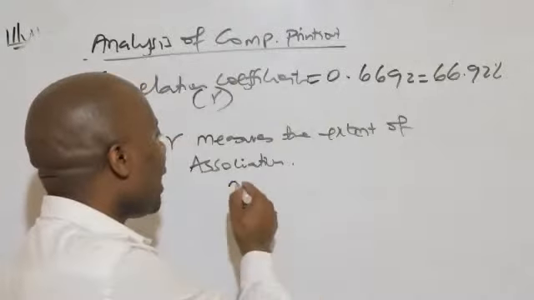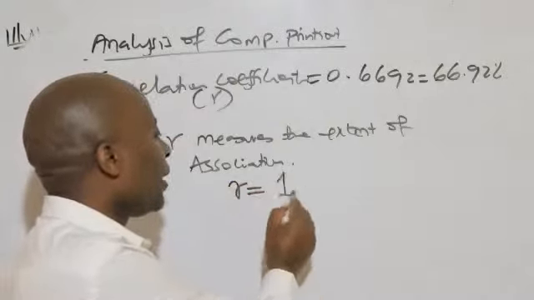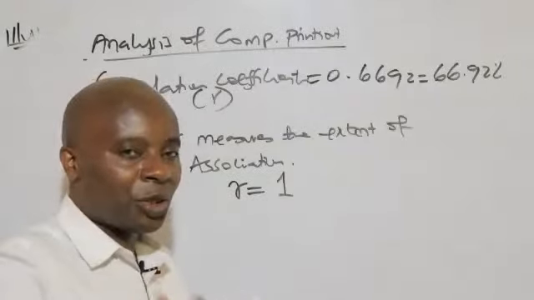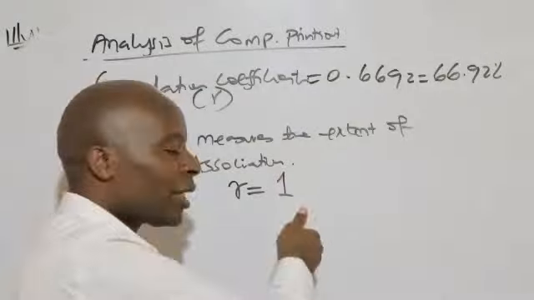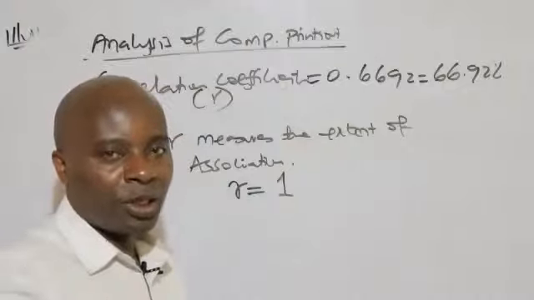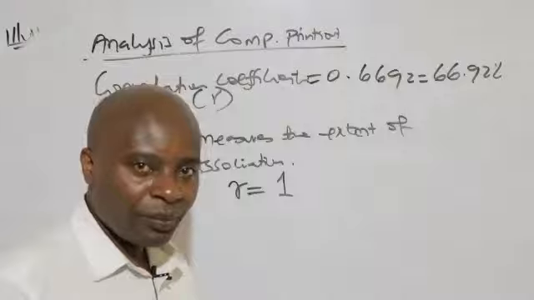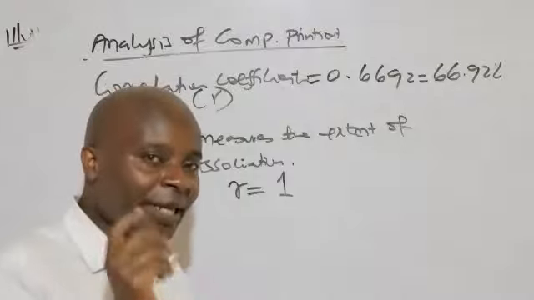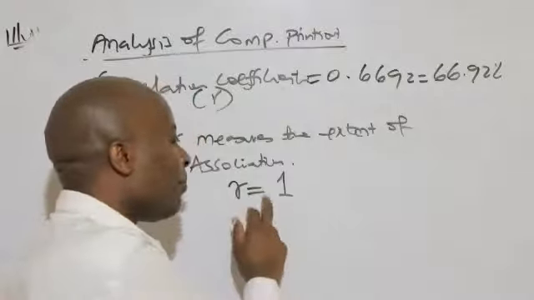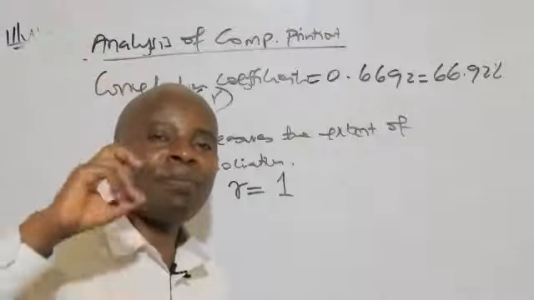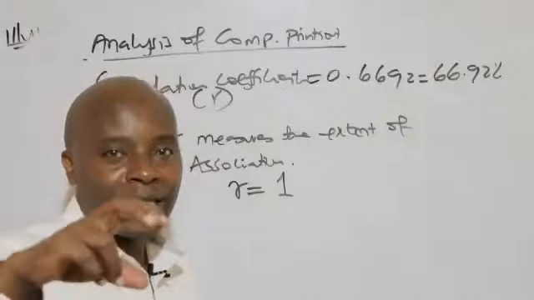If you get R, ladies and gentlemen, being exactly equal to 1, 100% relationship, this is what we call perfect positive correlation. Now, for advanced management accounting, we prefer perfect relationships as perfect models of estimation.